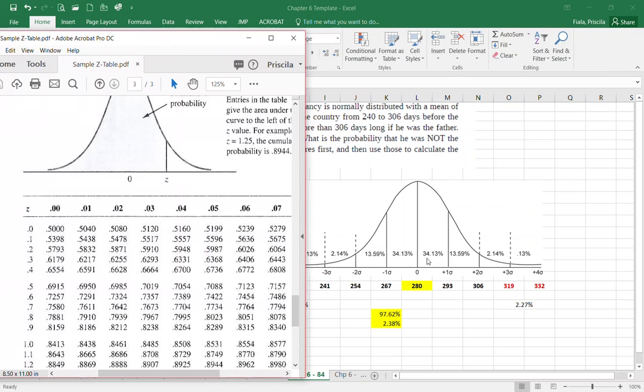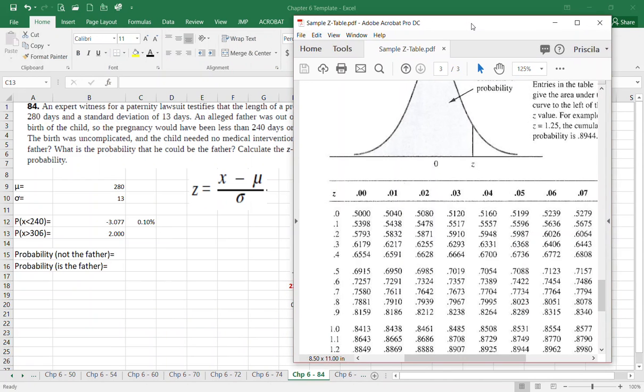If you add all this up, you know this is already 95% right here. Remember, 68% for one standard deviation, then 95.44% for two standard deviations, and then you still have the rest at the end. So you should find something about 95, 97, almost 98%. And if you don't, again, we're incorrect.